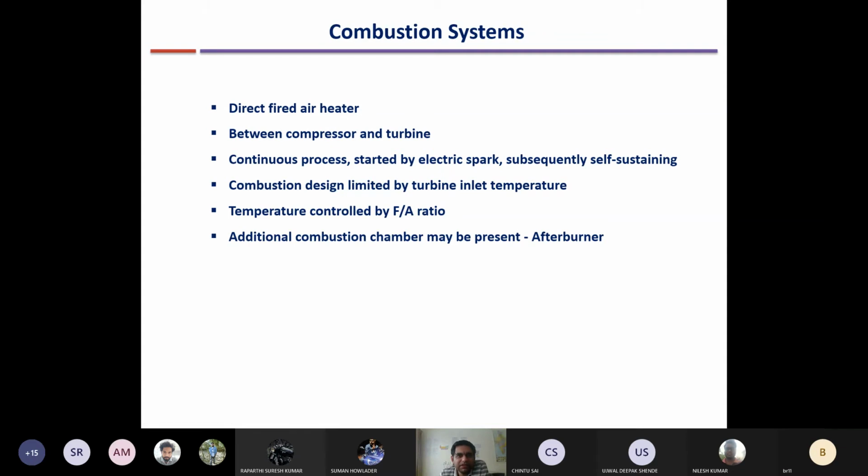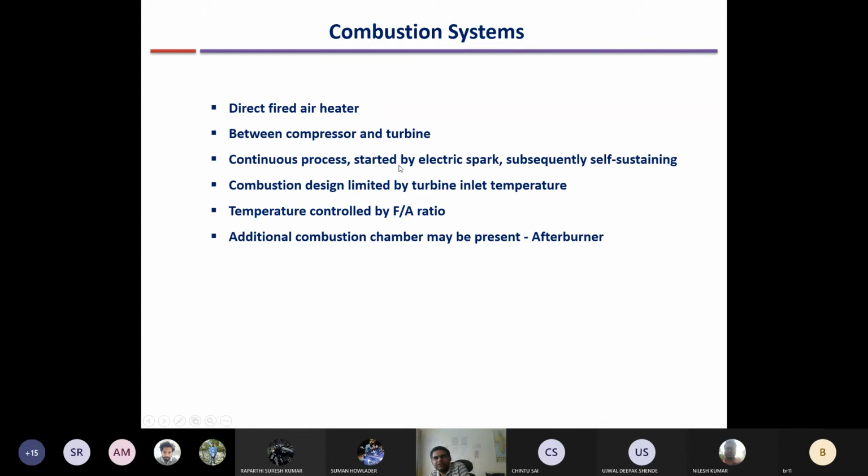So combustion systems for jet engines are direct fired air heaters, meaning you directly have the combustion process. It is not unlike external combustion, and occurs between the compressor and turbine. This is a continuous process.